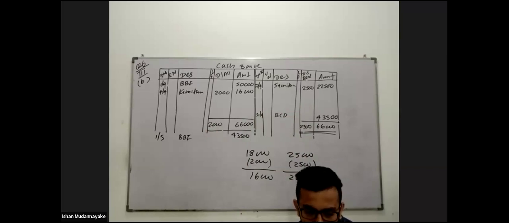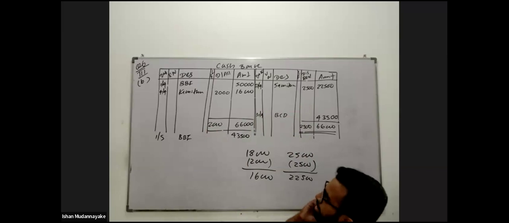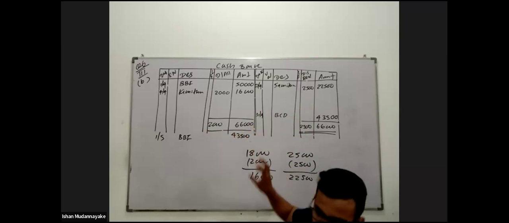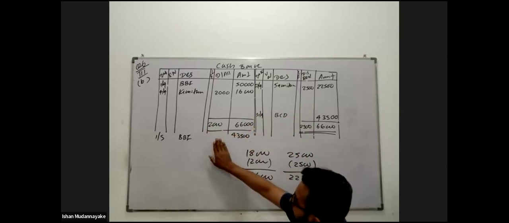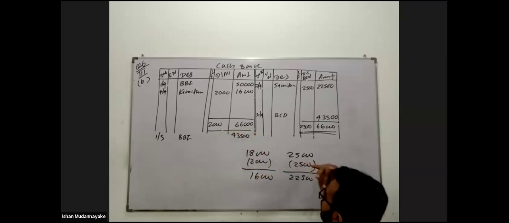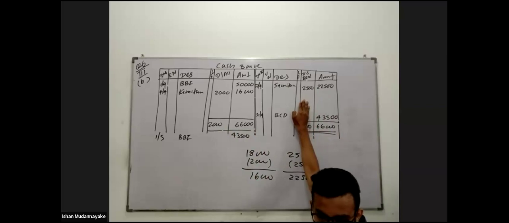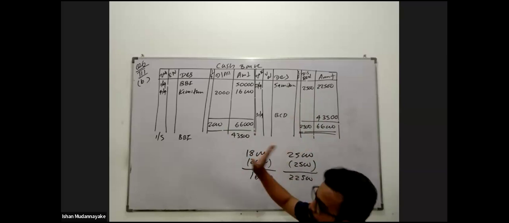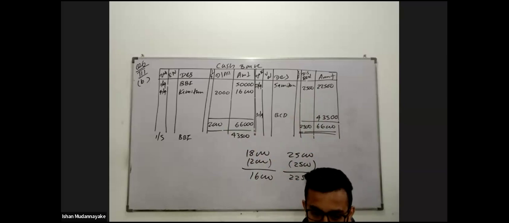To identify discount allowed amount with the received cash amount, we draw a separate column to record the discount allowed amount in the cash book. To identify the discount received amount directly with the payments, we draw a discount received column in the cash book. Otherwise, these two columns do not belong to the cash book. Those are called memorandum columns.